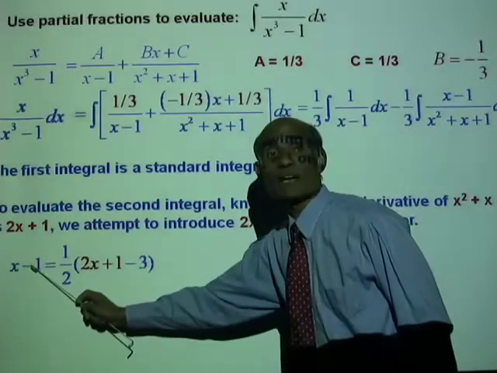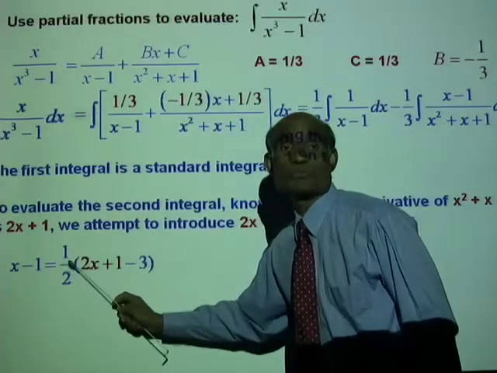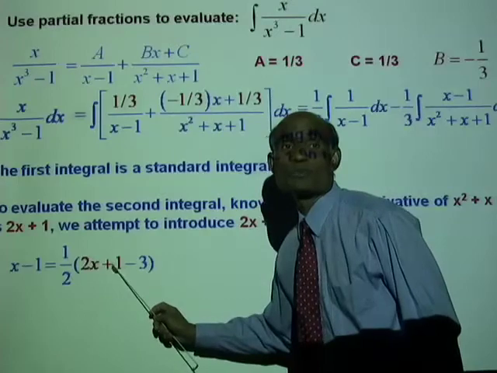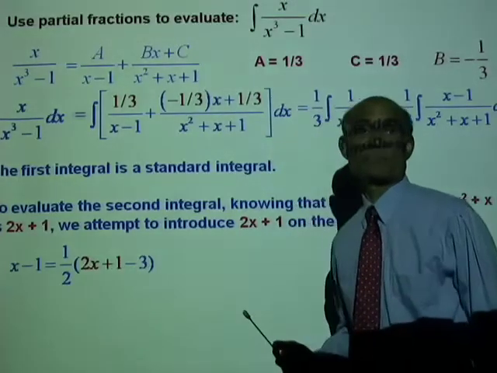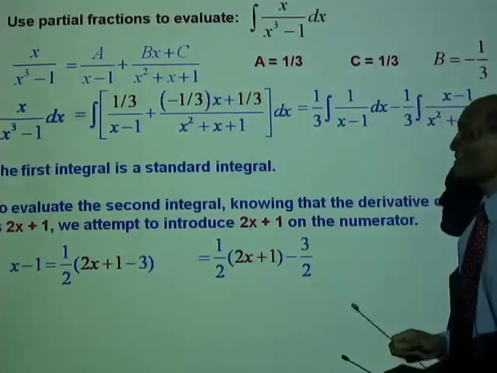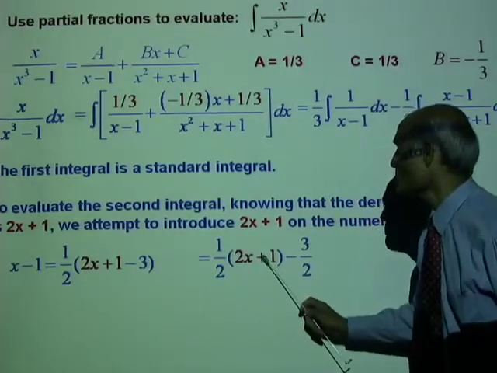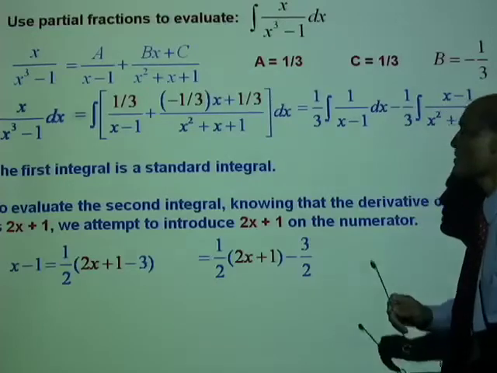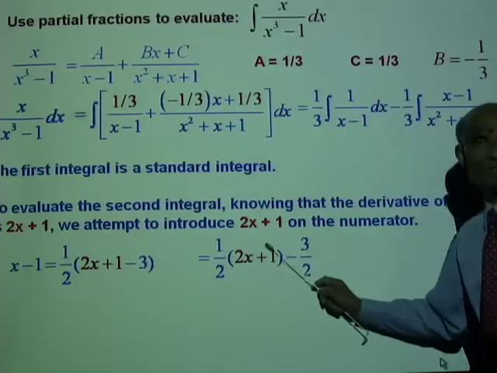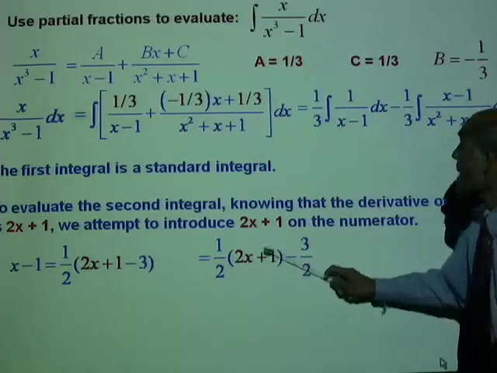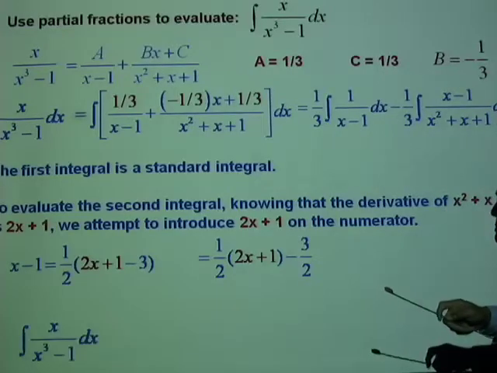So we're going to write x minus 1 equal to 1/2 times 2x plus 1 minus 3. Now, what change does it bring? That will be 1/2 of 2x plus 1 minus 3 over 2. Is that right? Split into 2. Now, that will make it much easier when you write it.